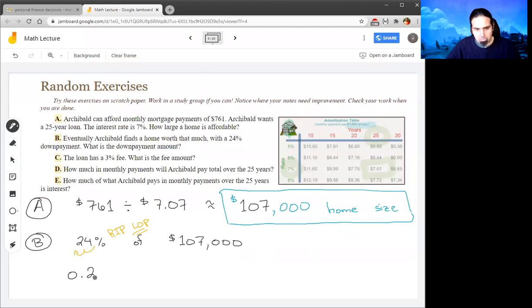Of means times. So we're getting 25,680 as his down payment.